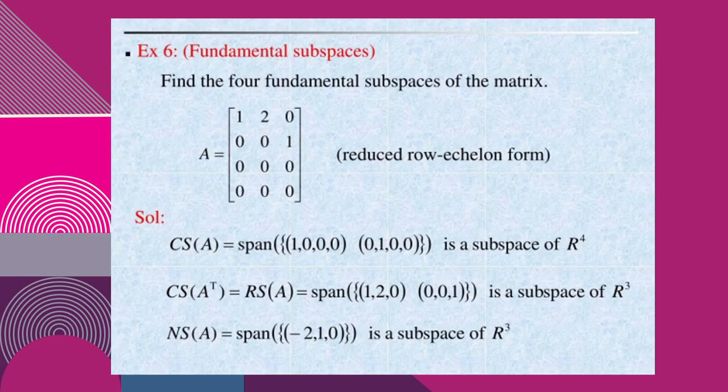The column space of A transpose, also called the row space of A, is the span of (1, 2, 0) and (0, 0, 1), a subspace of R3. The null space of A, which comes from solving Ax equals 0, is the span of (-2, 1, 0). It is also a subspace of R3.